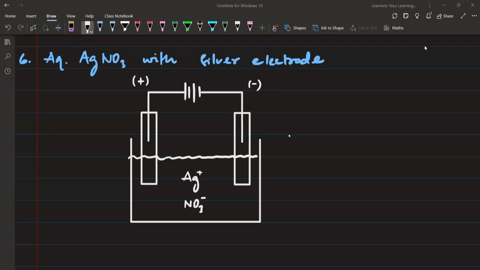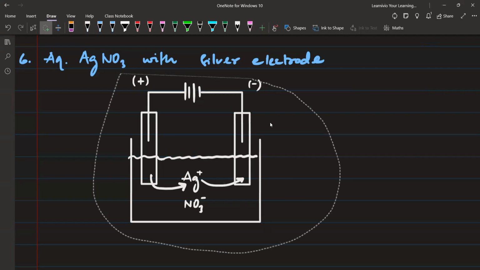An equilibrium gets established: the metal gets converted to M positive, and this type of equilibrium is why there is a potential difference. So when you put an Ag electrode in AgNO3 solution, Ag is going to get converted to Ag positive, and this same Ag positive is going to go to the cathode and get nucleated.